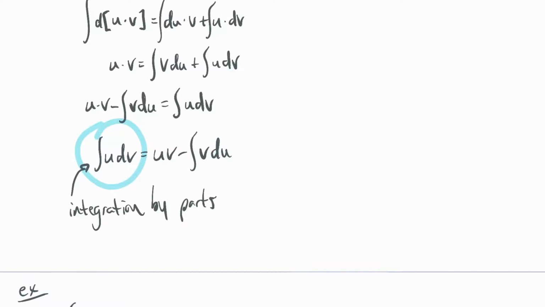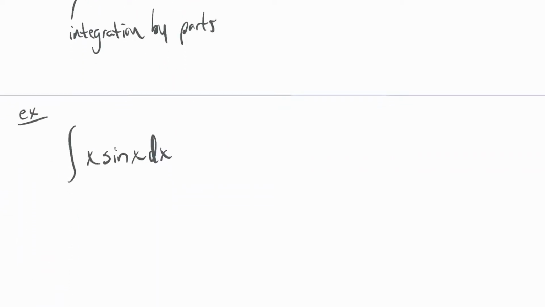And I need dv to be something for which I know the antiderivative, or it's relatively simple. So in this case, I'm going to say that this x is u, and sine x dx is dv. The differential with respect to x, the variable we typically start with, will always be paired with dv, or with the other component to make dv, rather.